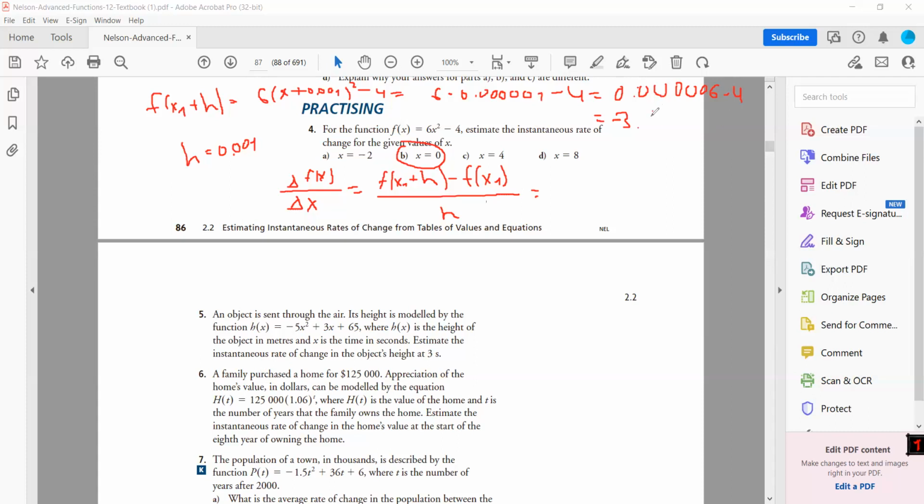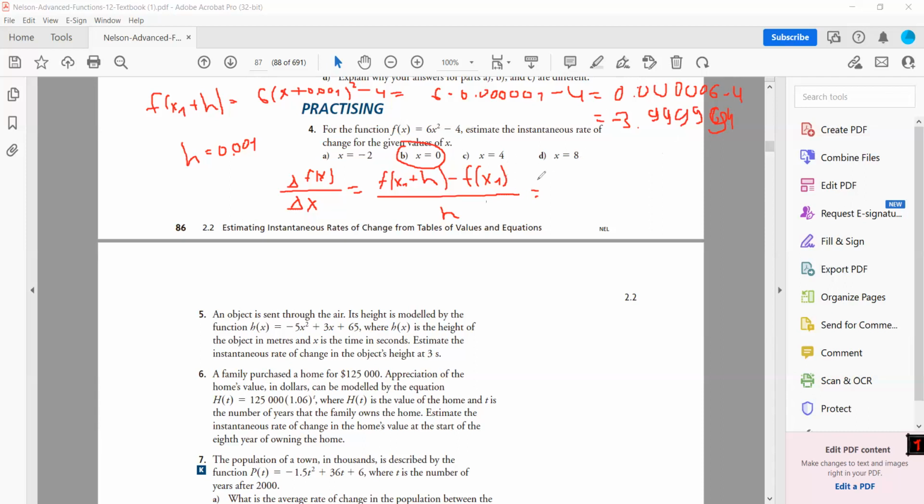It would be negative 3.999994. And f of x1 would be simply negative 4.